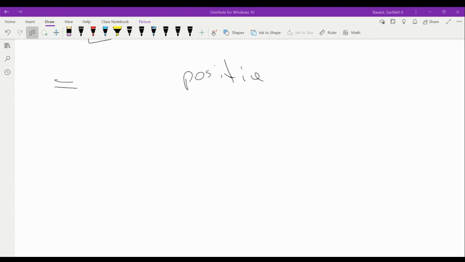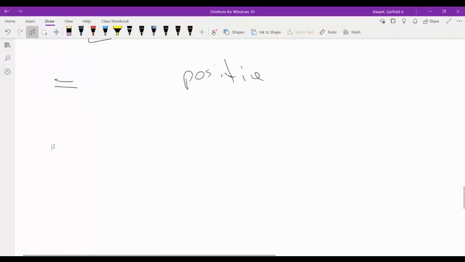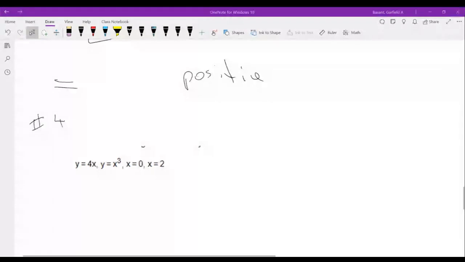All right, let's look at this one. This is question number 4. And the good news is that they actually gave us the graph, right? So I'm going to cut the graph and paste it in for you too.